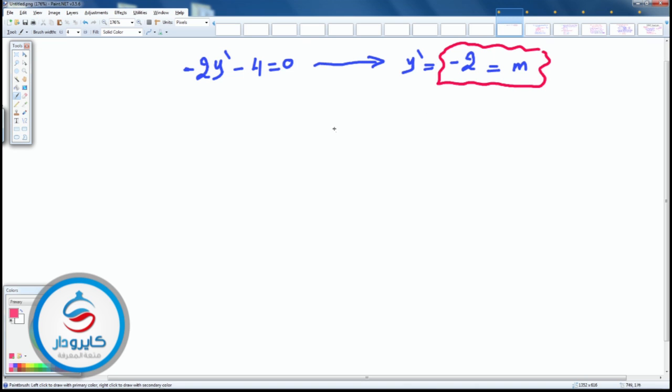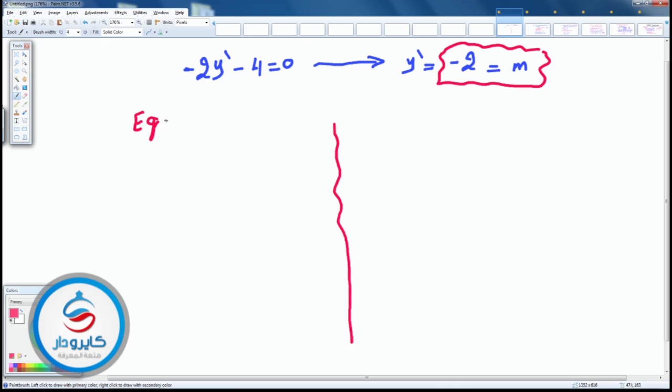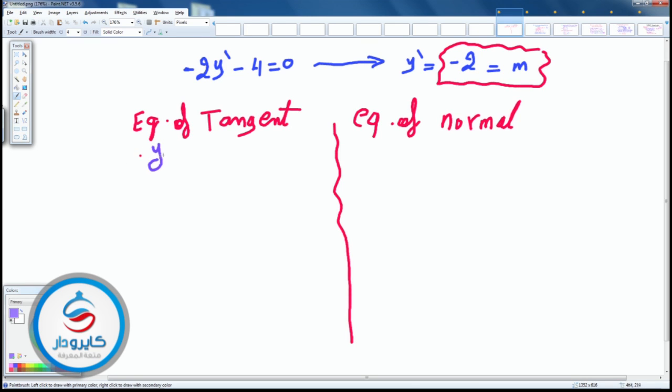Now we have to find the equation of tangent and the equation of normal. For the equation of tangent, we write the form: y minus y1 over x minus x1 equals m.